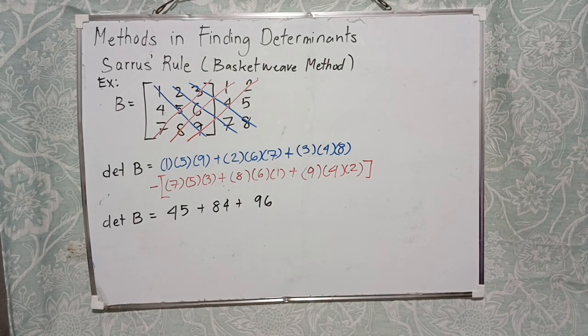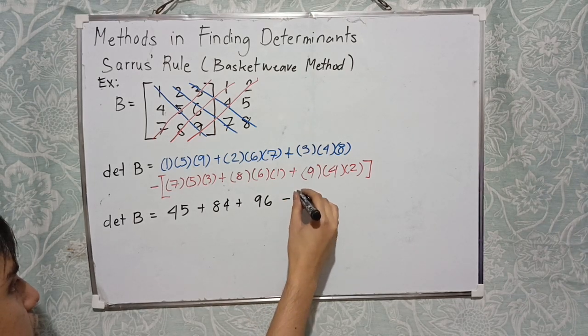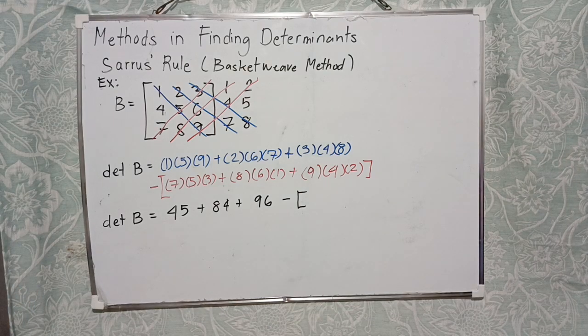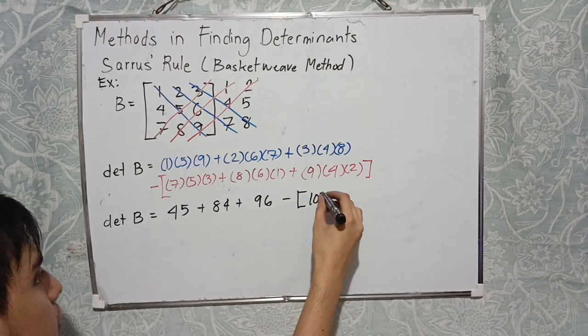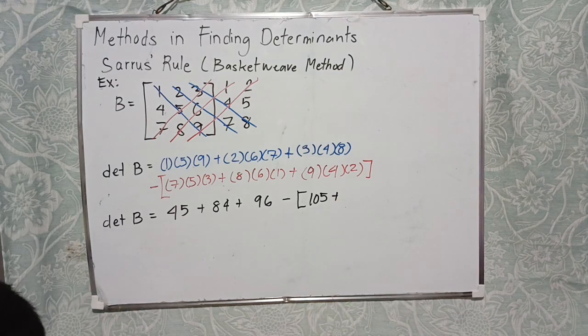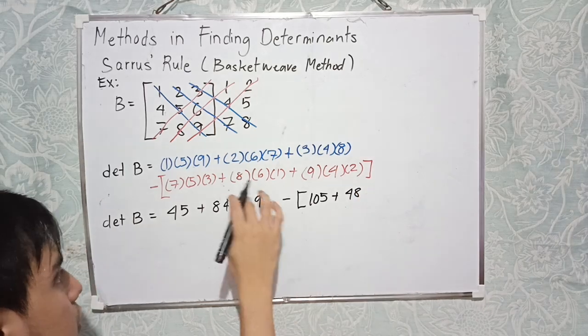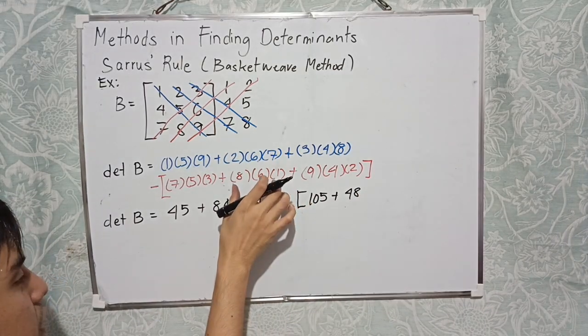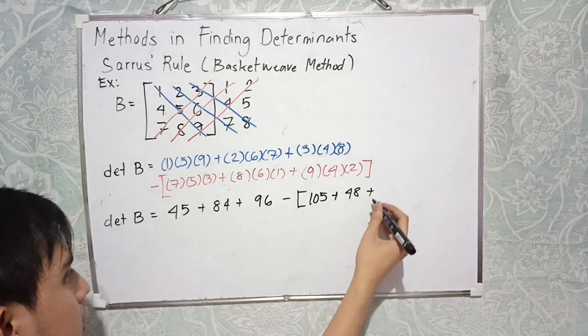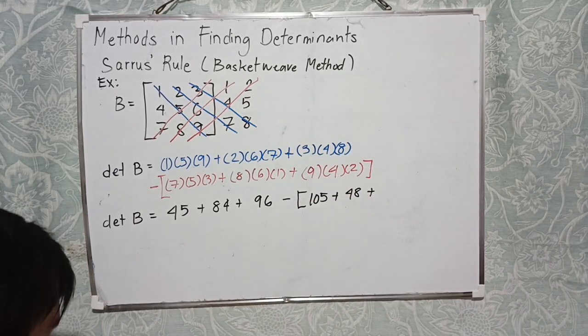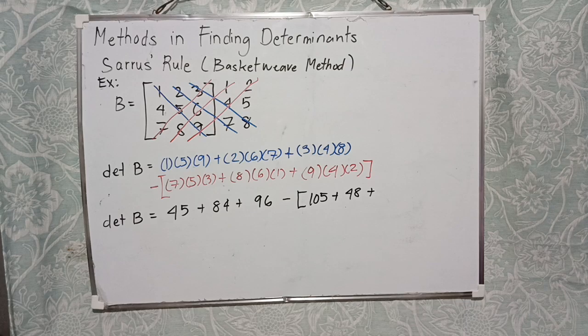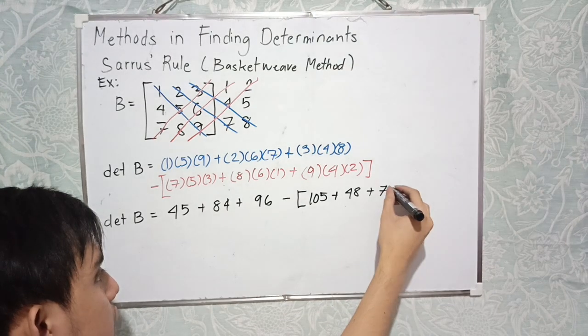Next, we have minus the following products. We have 105, plus 48, this one is 48, and lastly, the product of this one, we have 72.